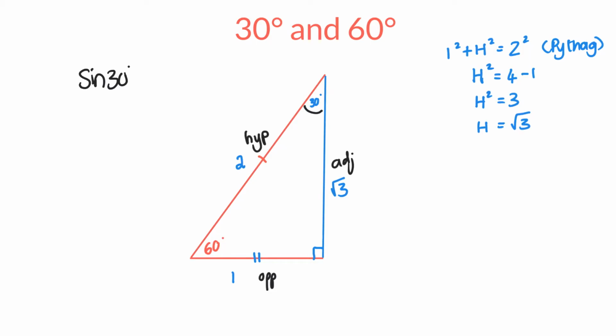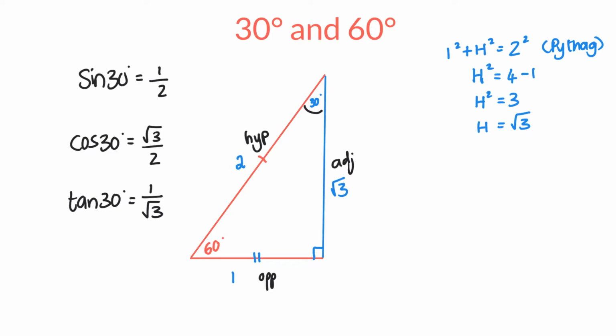Sine of 30 will be opposite over hypotenuse, a half. Cos of 30 degrees will be adjacent out of hypotenuse, root 3 out of 2. And tan of 30 will be opposite out of adjacent, 1 out of root 3.